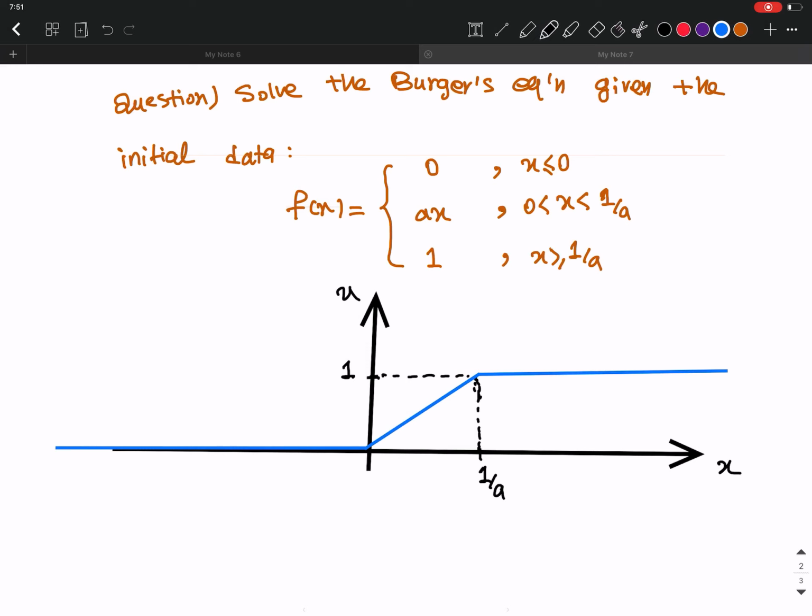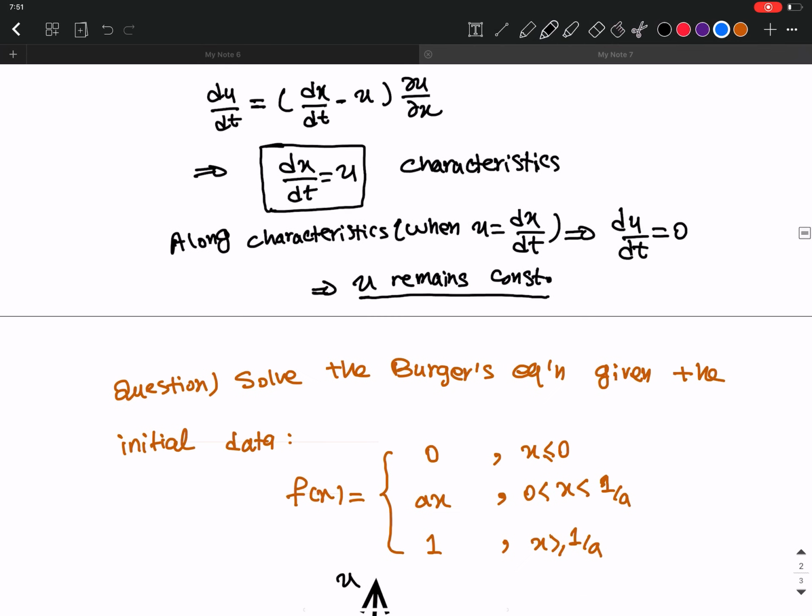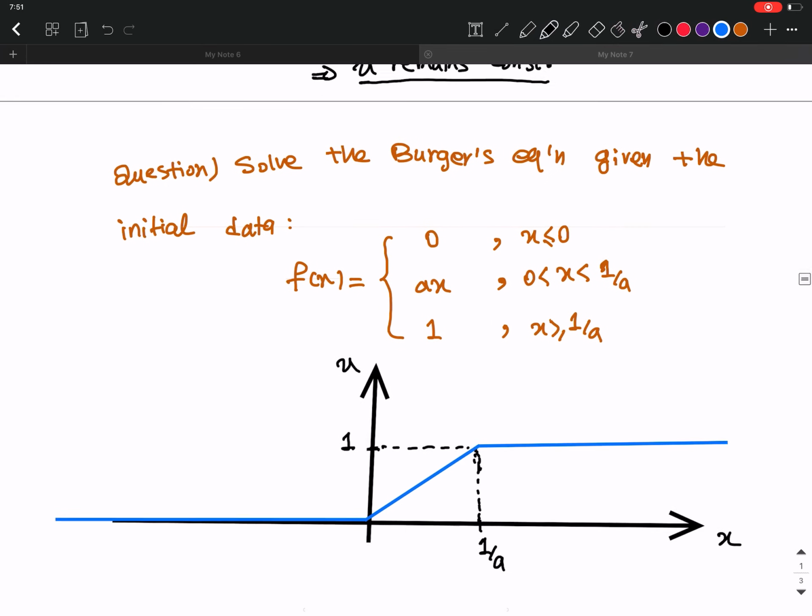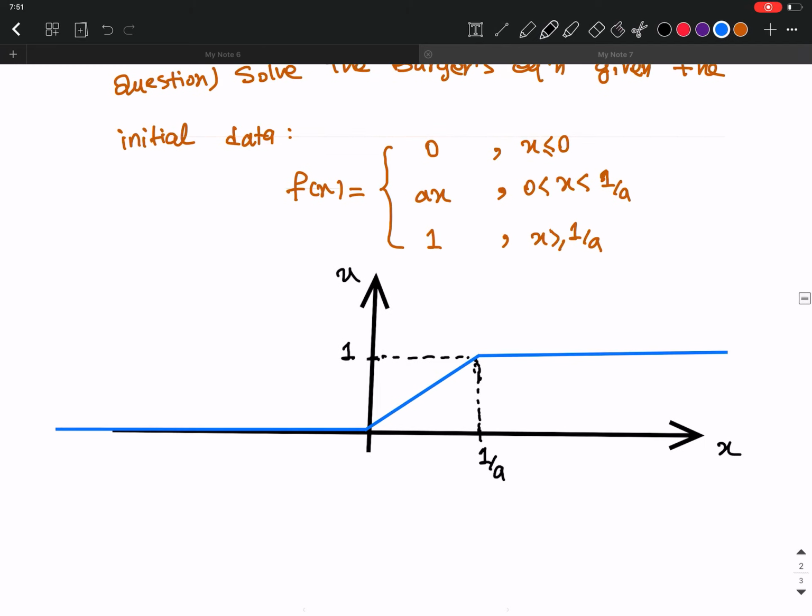So now with this initial condition, I want to find first the characteristics. I know the characteristics, but I want to plot them. And after plotting the characteristics, I want to find the solution for this equation, okay?